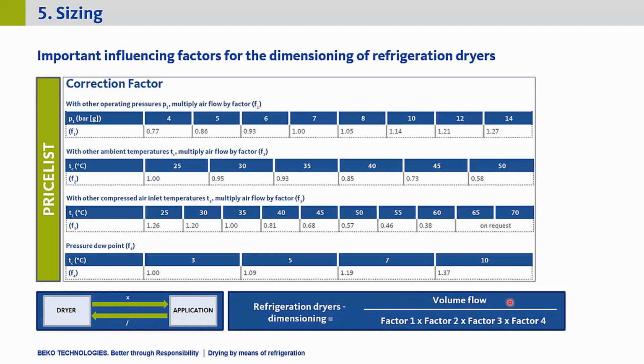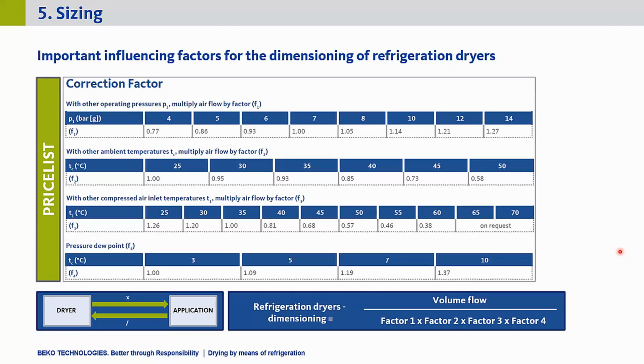For example, RA 1300 is able to treat 1300 cubic meters per hour. And then you divide this volume flow by either all the correction factors multiplied, or you divide one after each other. So you take the volume flow divided by 0.86, divided by 0.93, divided by 0.57, whatever it is. This is just the first introduction.